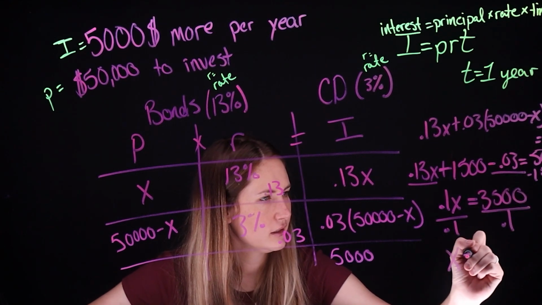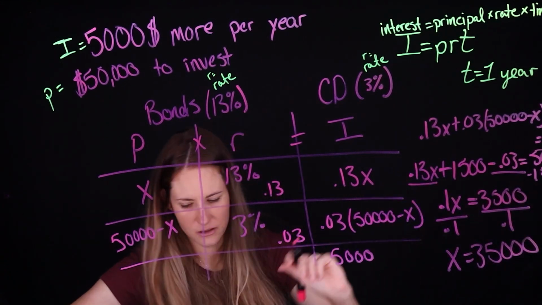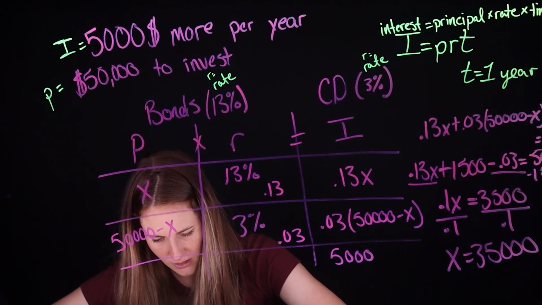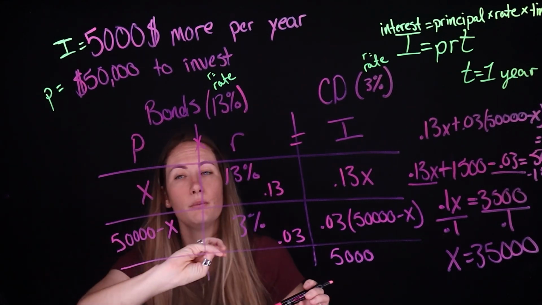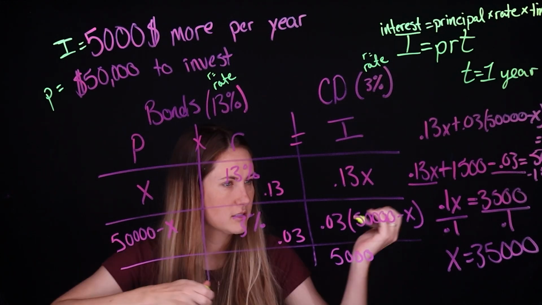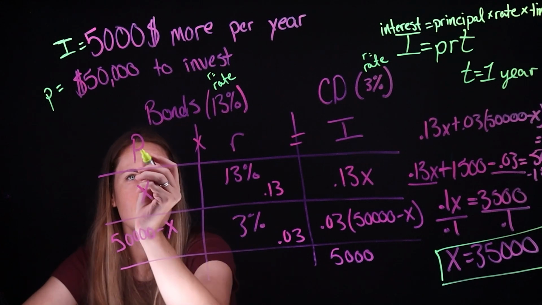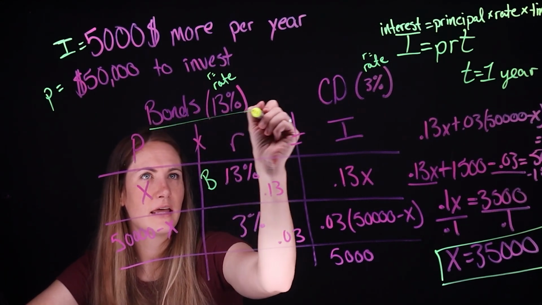So x equals 35,000. Make sure, double check my math. 3,500 divided by 0.1 equals 35,000. Okay. So when you go to put in your final answer, I'm going to mark this up. This is going to be, we did bonds here because our bonds are at 13%.